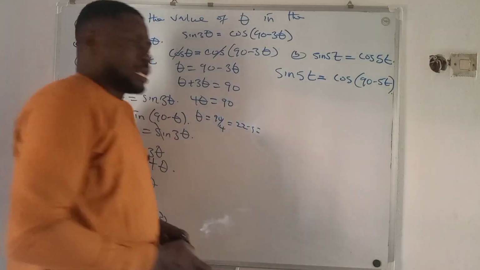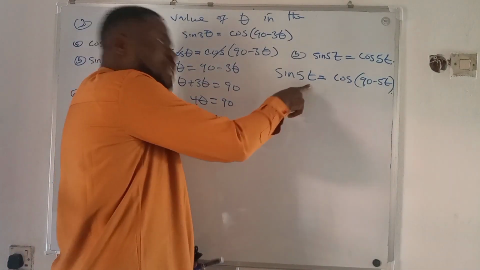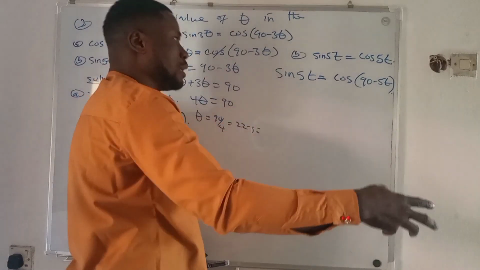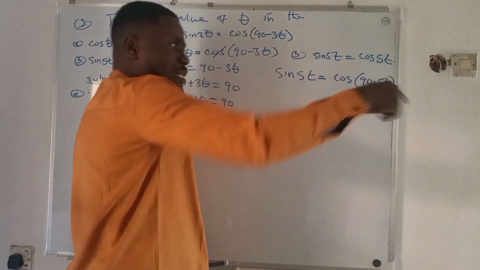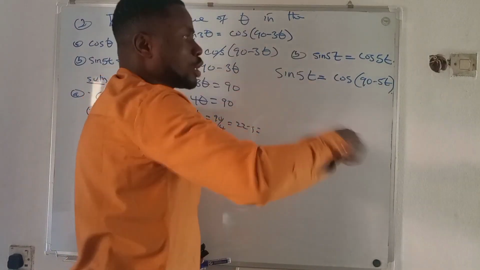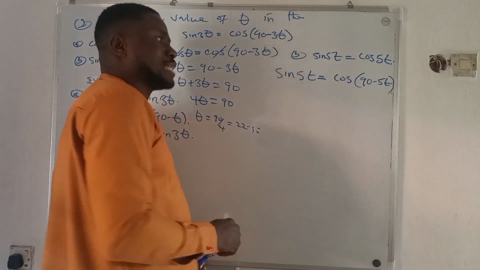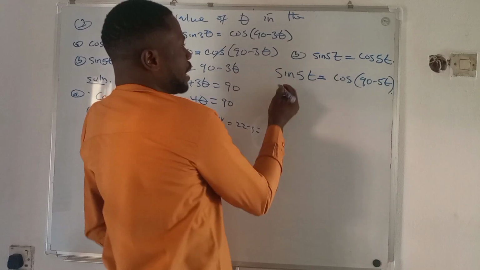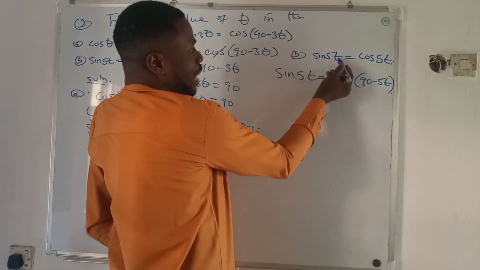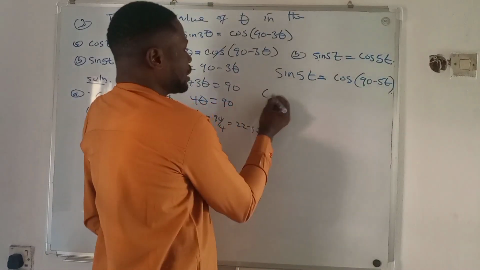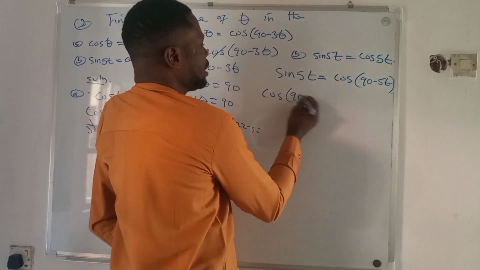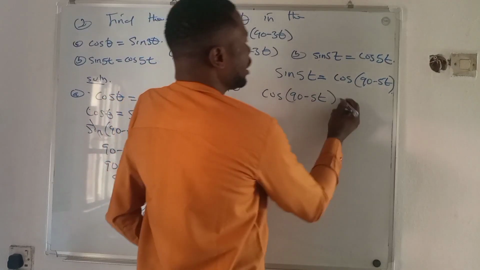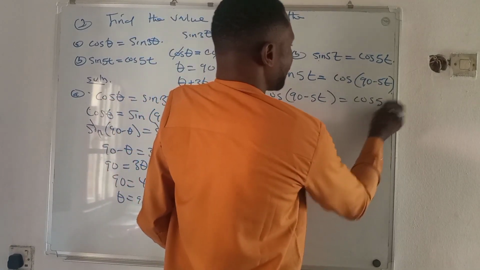So the complement of the angle 5t is 90 minus 5t. Now the sine of the angle 5t has to be equal to the cosine of the complement, which is 90 minus 5t. And so if I substitute this here, instead of sine 5t, I can write cos 90 minus 5t equal to cos 5t.